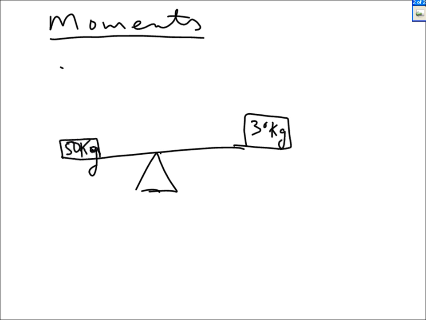The distance from the fulcrum to the 30 kg object is 5 meters. And suppose the other distance is only 3 meters.